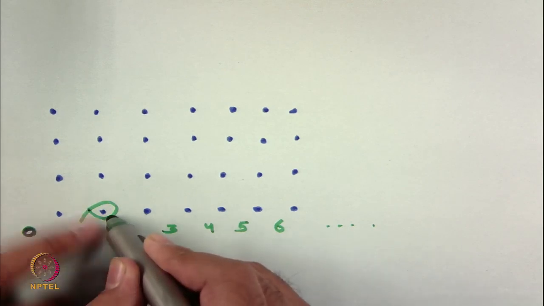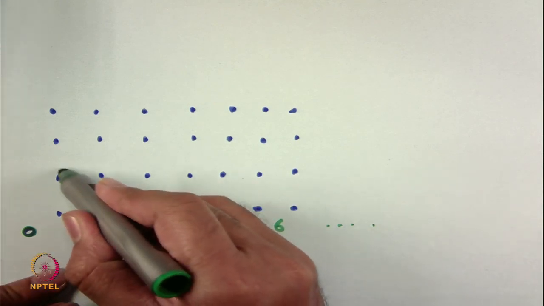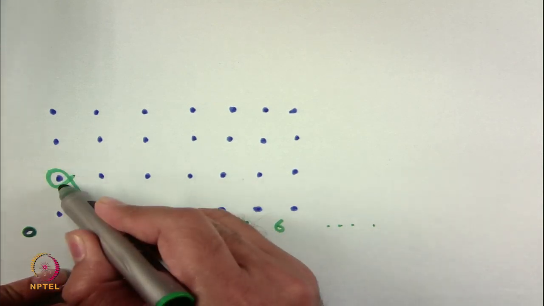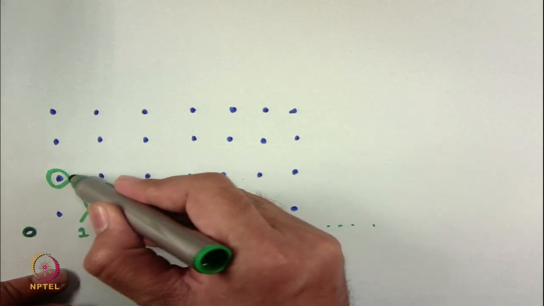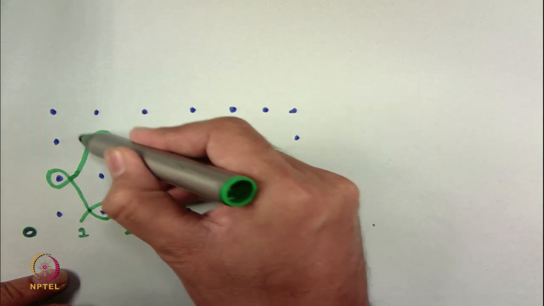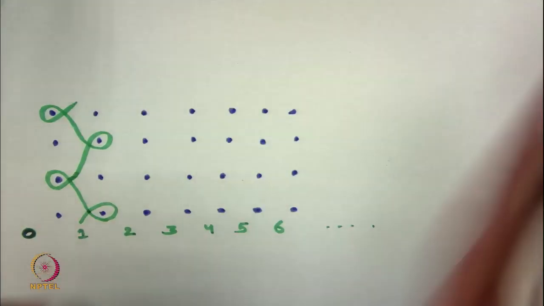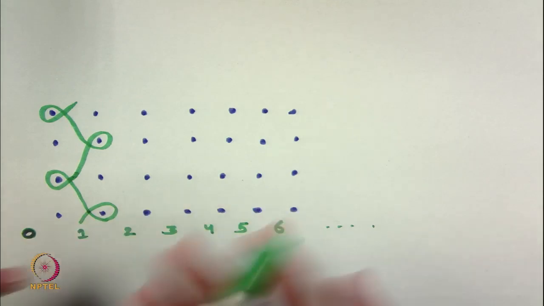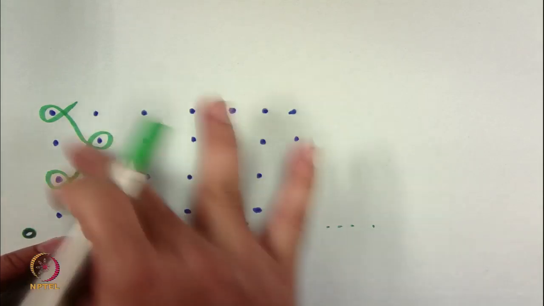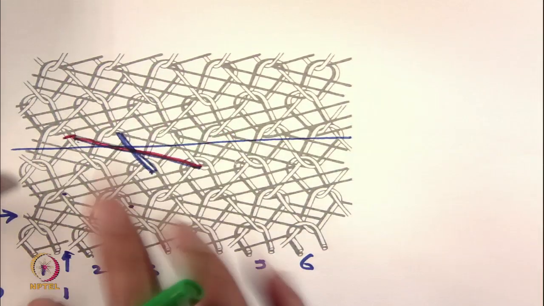It first makes loops with this particular needle, and then it makes loops with this needle, and again with this needle, and this is how it keeps on flowing. Okay.